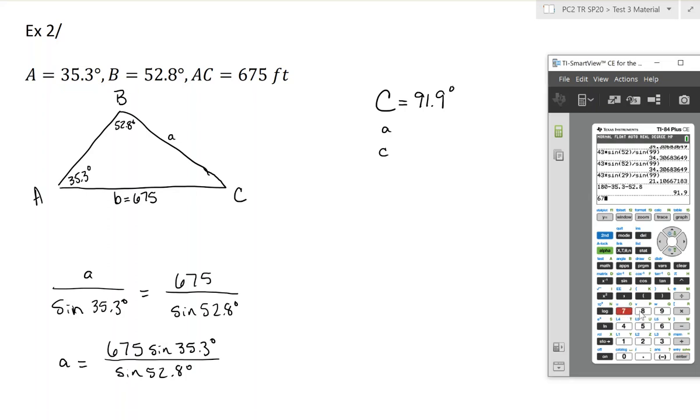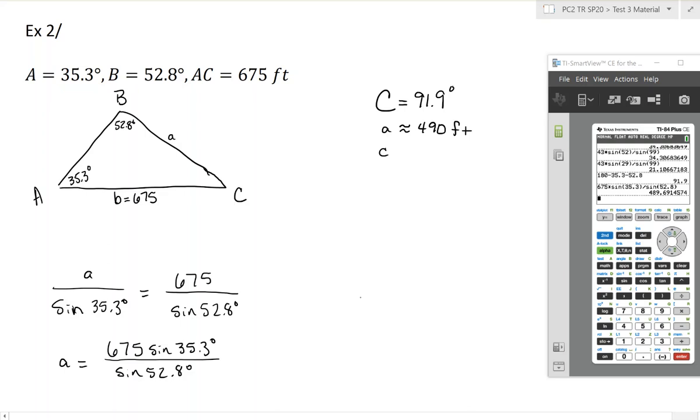So 675 times the sine of 35.3, close the argument, divided by the sine of 52.8, close the argument, and I get about 490, and our label is feet.